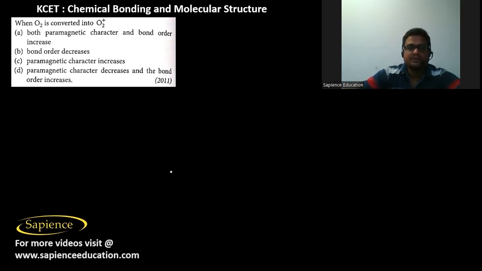So then here it is told that when O2 is converted into O2 plus, then what will happen? So we know that O2 has got 16 electrons.